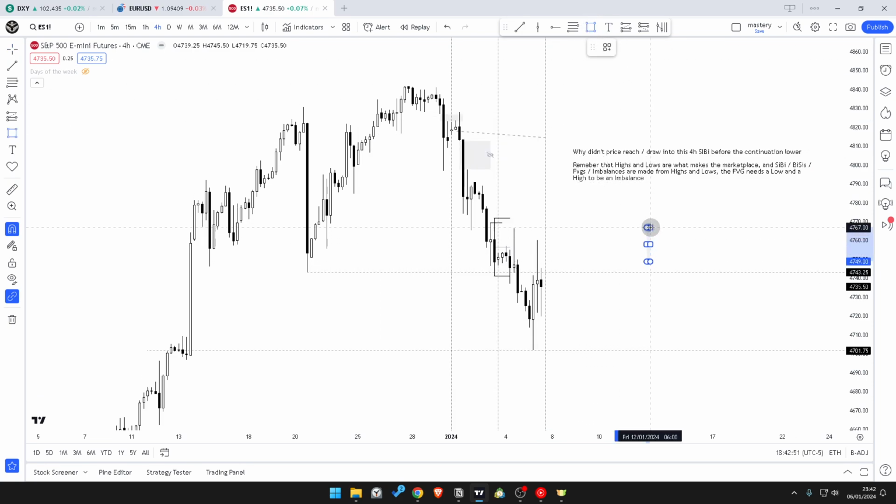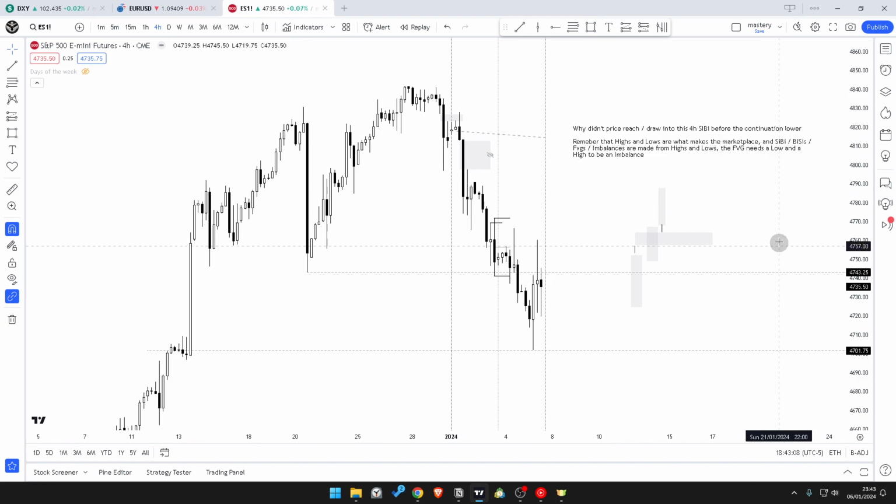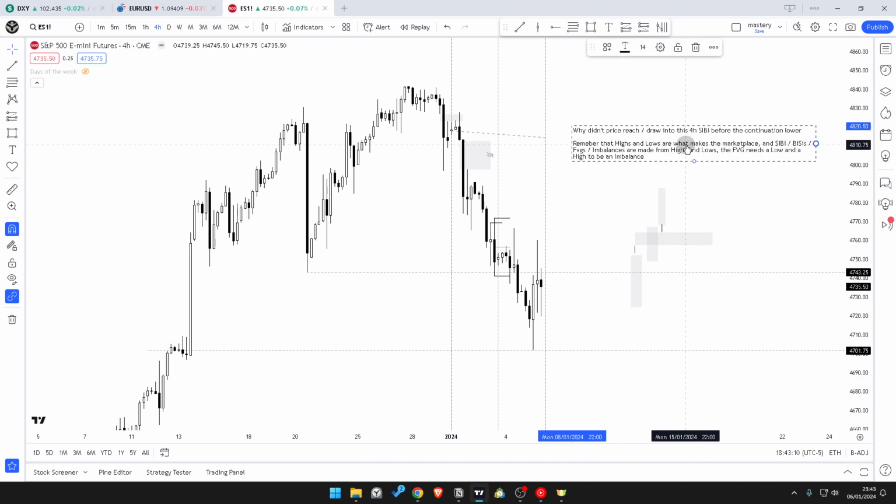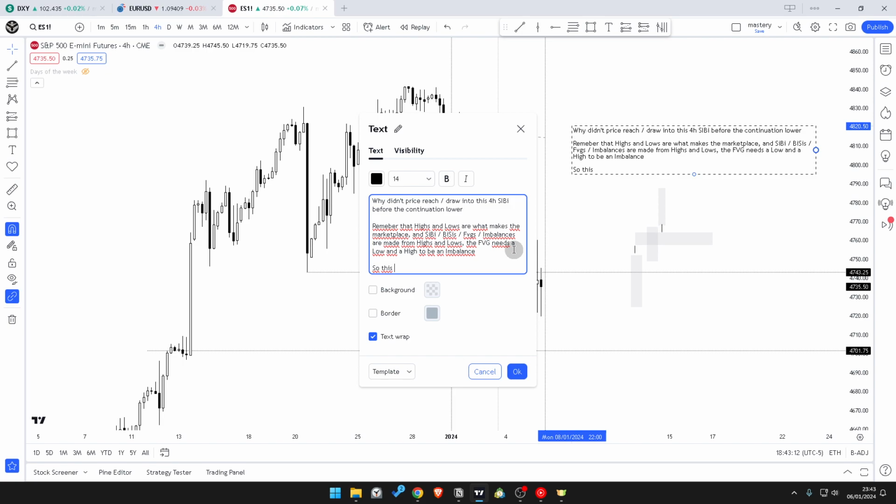What I mean by this, so we have 1, 2, 3 candlesticks which make the fair value gap in itself, right? So this 4 hour CB low wasn't reached slash drawn to then act as a reversal POI.